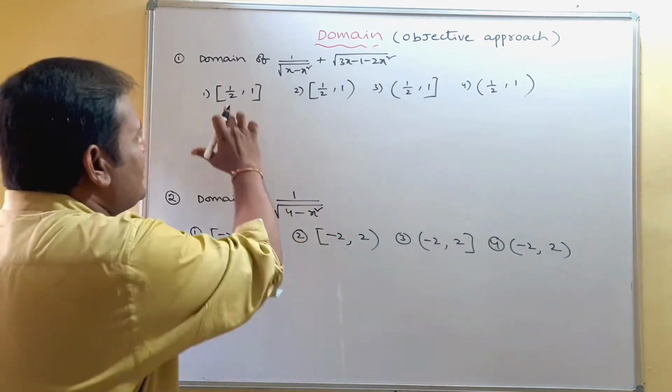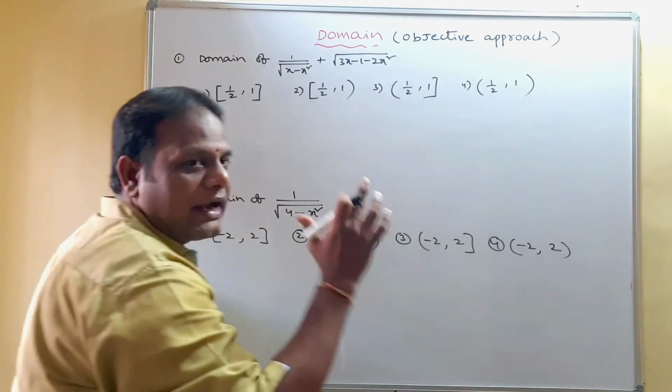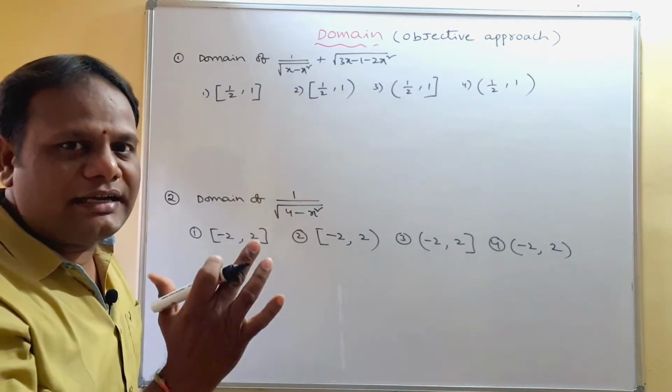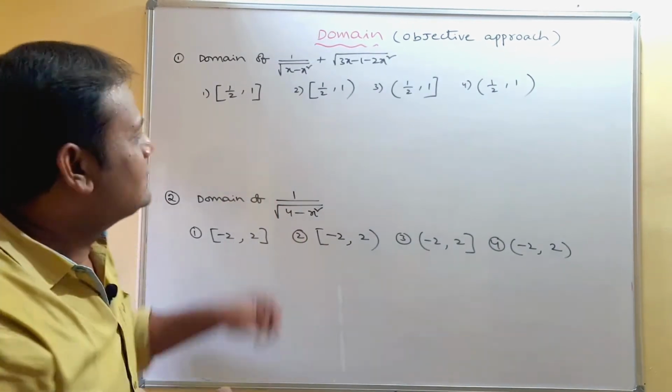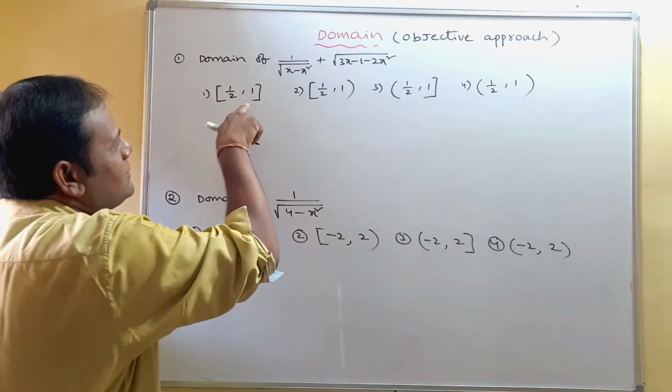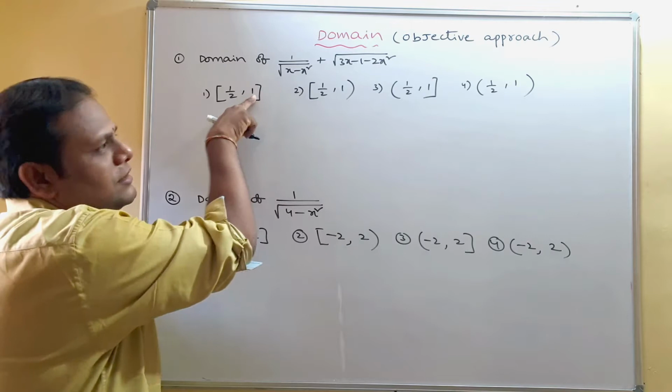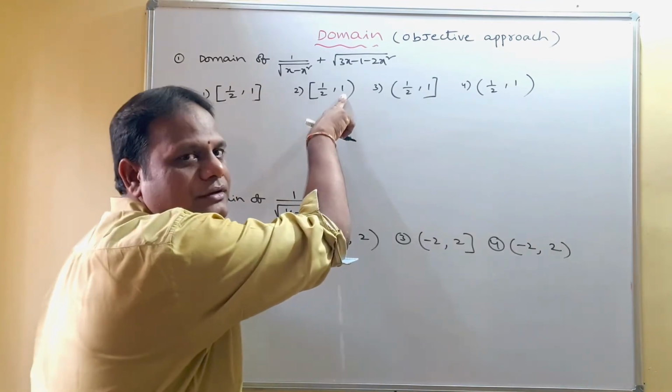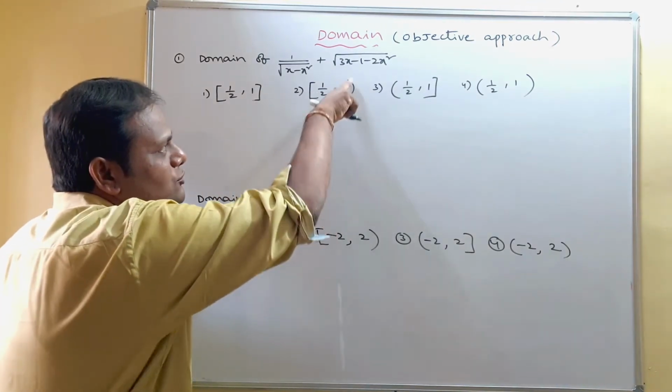Observe all the four options and try to observe the difference between the options. In the first option we have 1. In the second option, there is no 1. Why? Because of the open bracket.